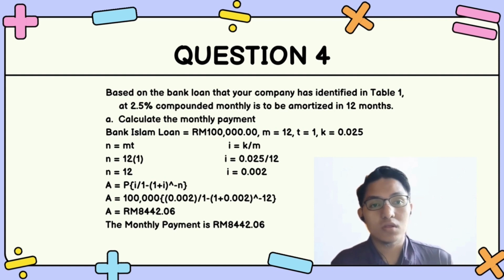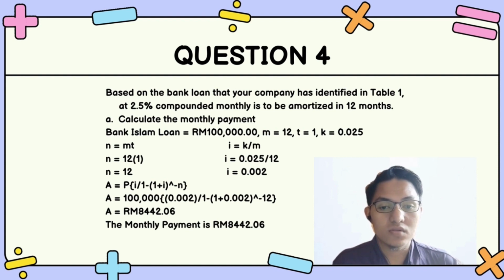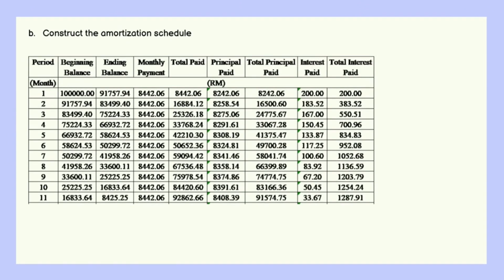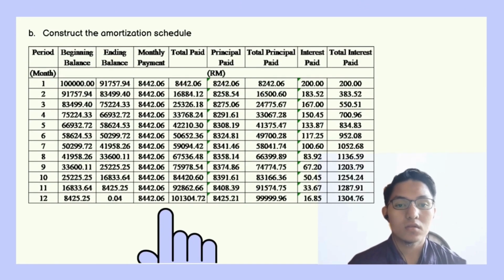So when we put the amount 100,000 in brackets 0.002 divided by 1 minus (1 plus 0.002) power negative 12, the monthly payment for this is 8,442.06. It will be a table like this.